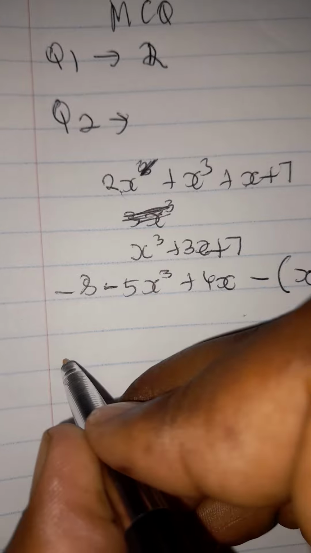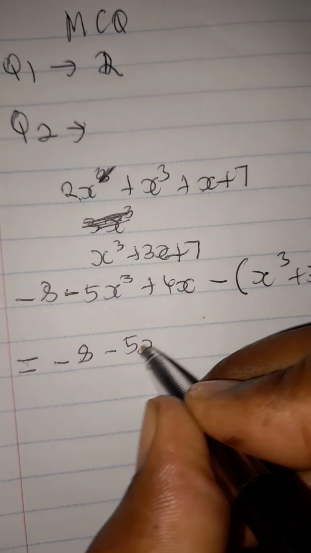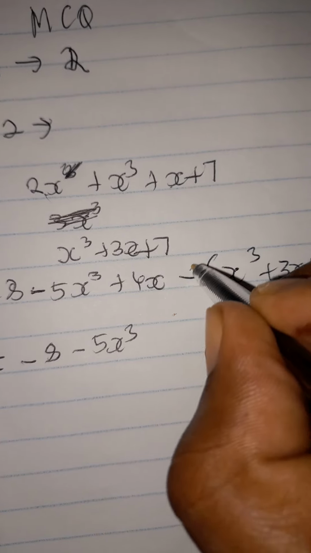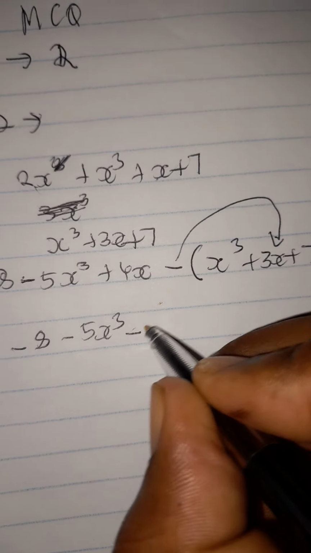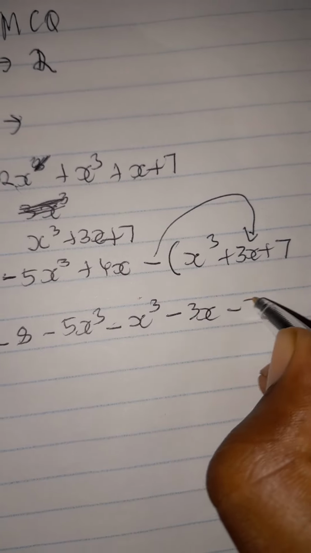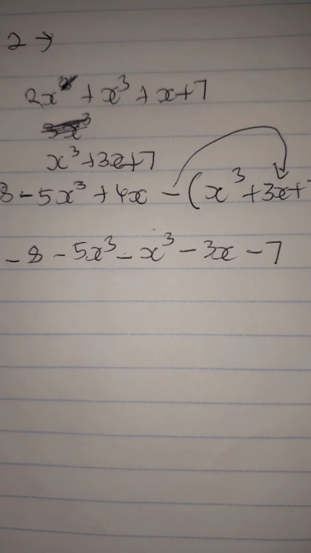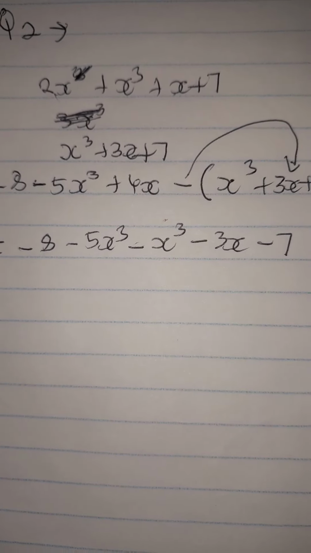Let's work this out. The negative multiplies everything, so it's going to be negative x cubed minus 3x minus 7. From there, we can collect the like terms.